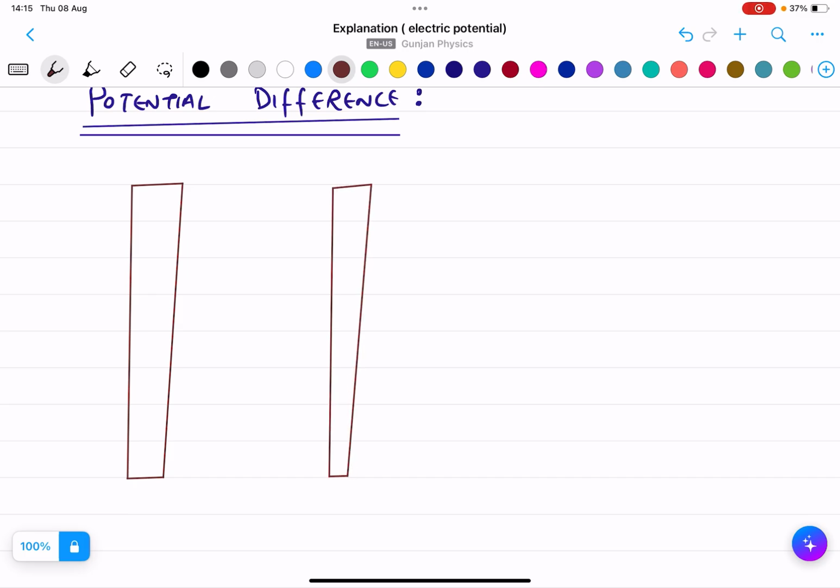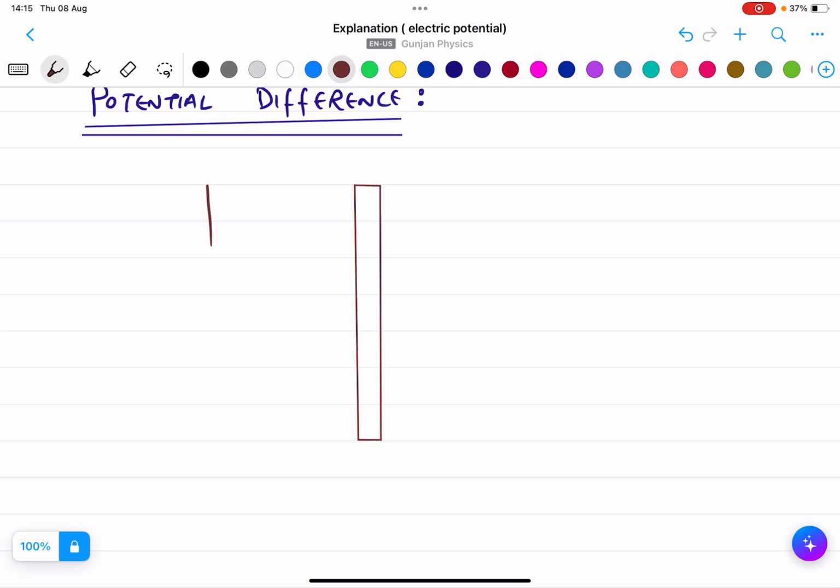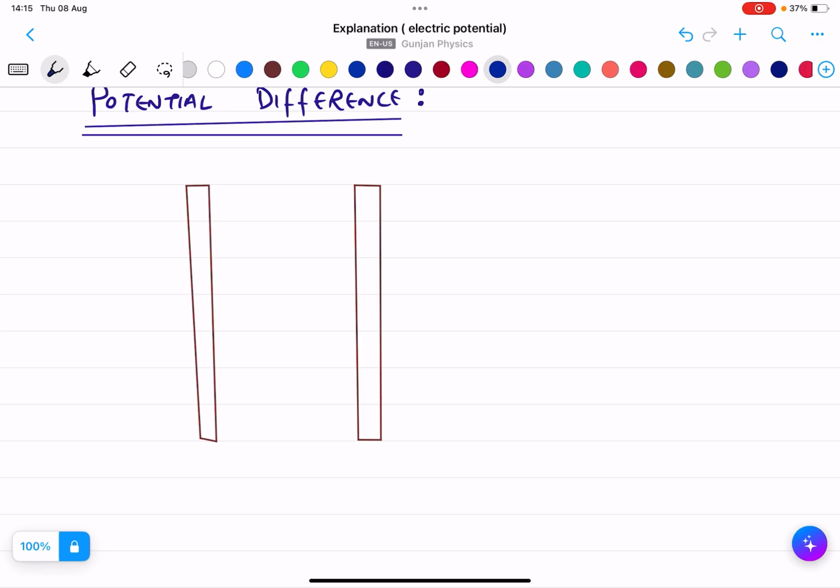So these are the two rods. Why am I not able to make it? Wait, let me make it like this. Okay, this is one rod and this is the other rod. Now it's better.